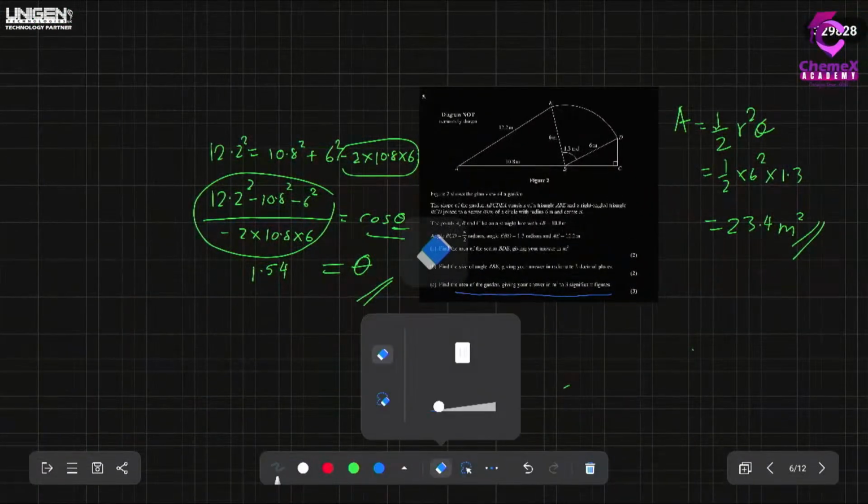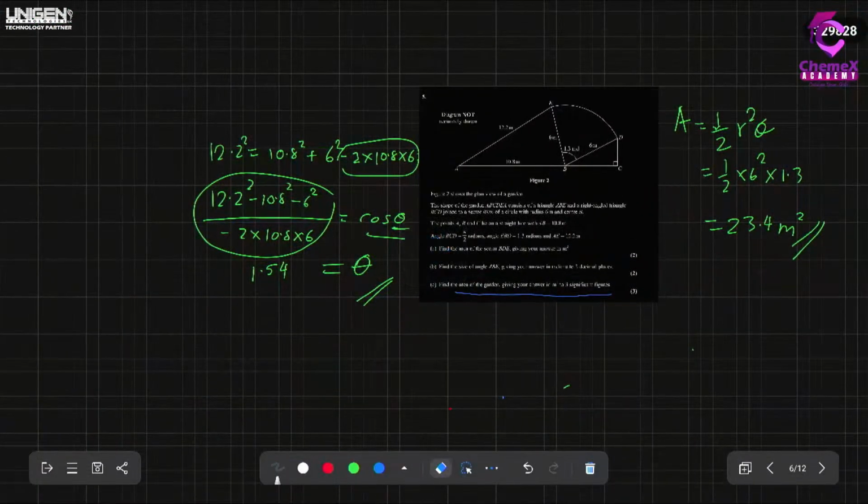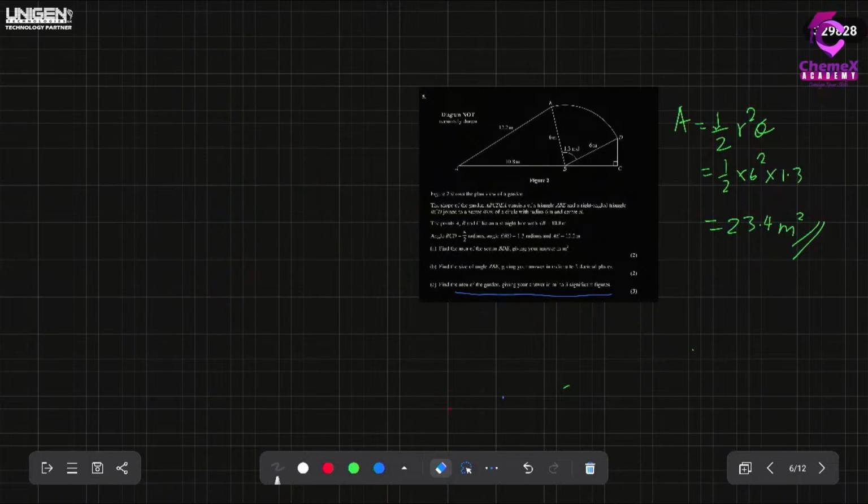Any suggestions? This question comes from the lesson what? Radians, no? So, how to do? Nidusha, any leads how to do?